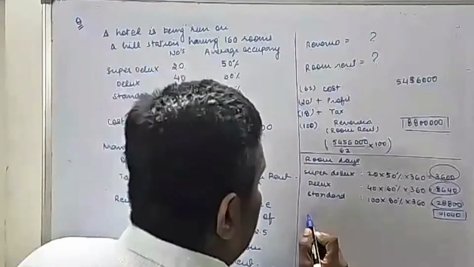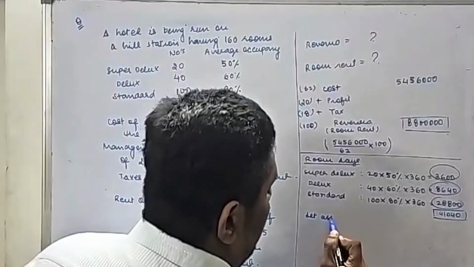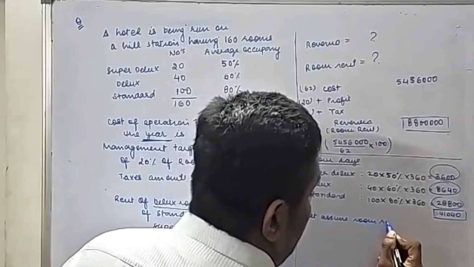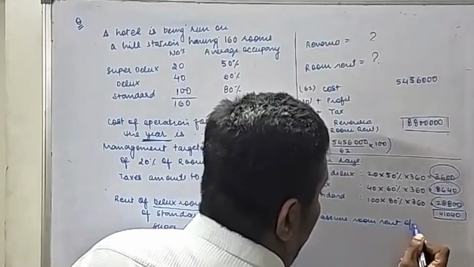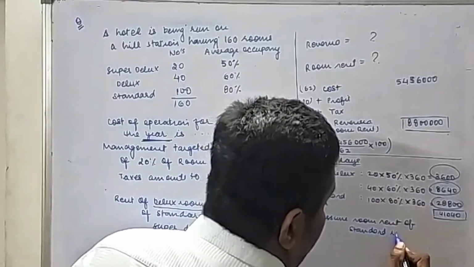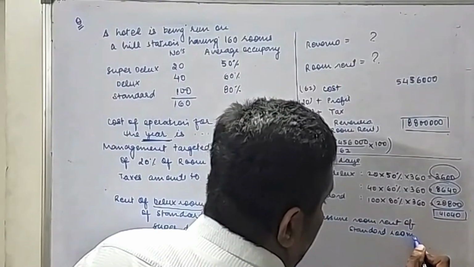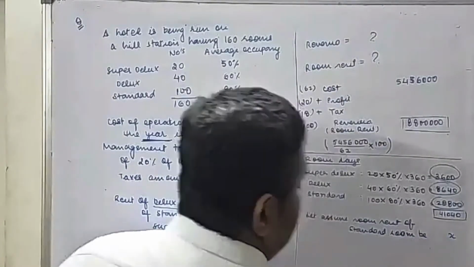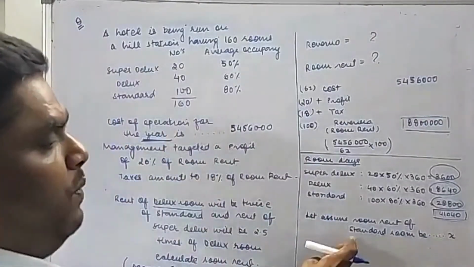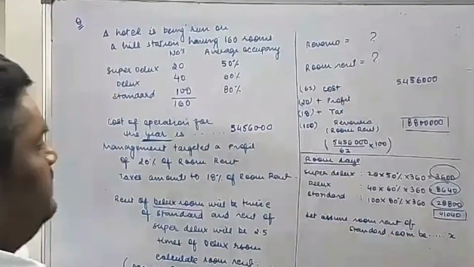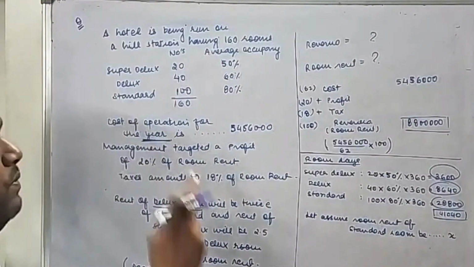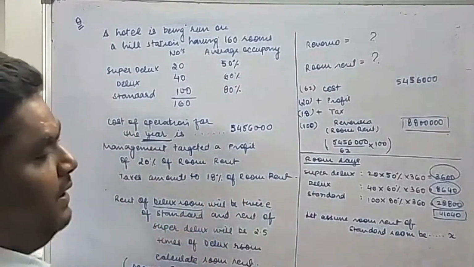Now, let's assume the room rent of standard room be X. If the room rent of standard room is X, it is given that the rent of deluxe room will be twice of standard.